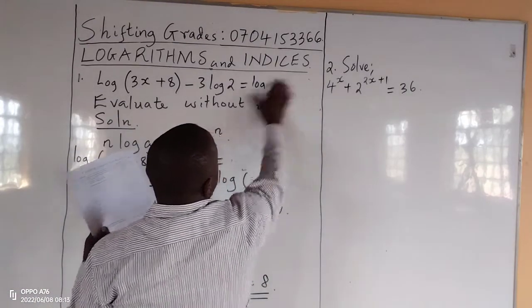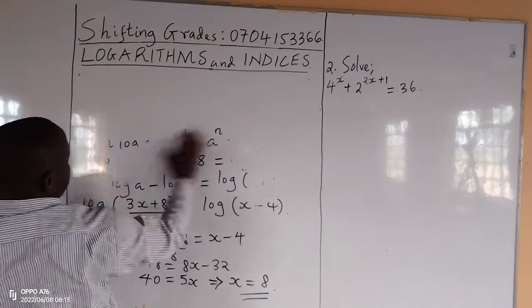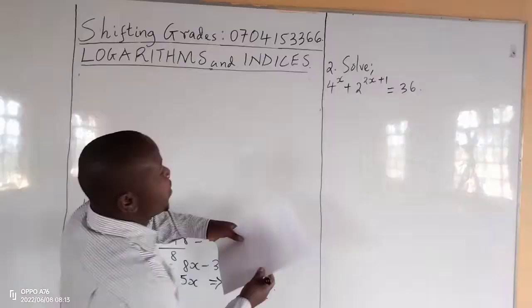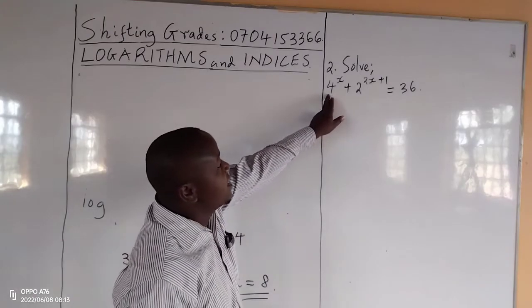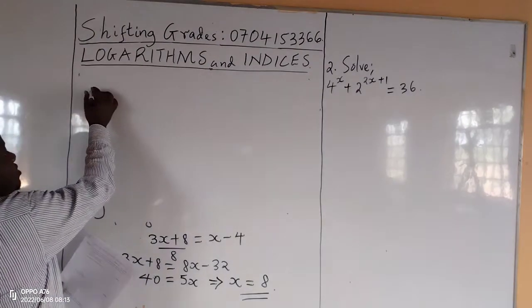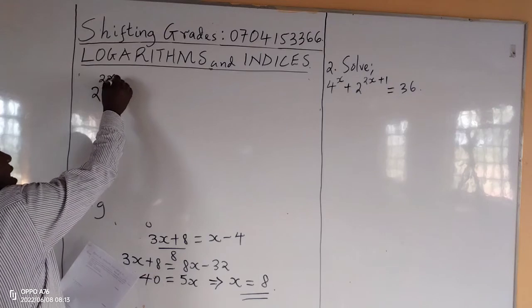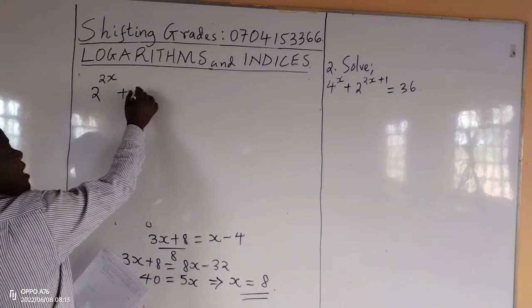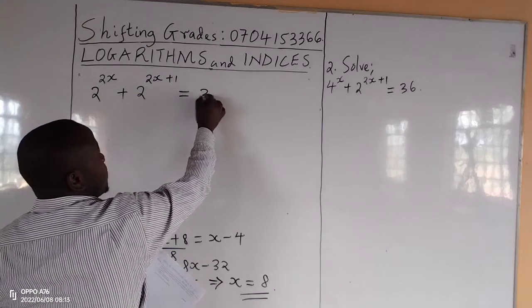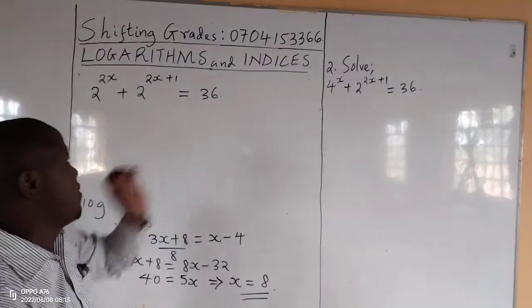Now we are done with logarithms. We can look at a few laws of indices and what they entail. In the solution of that question, we can first break 4 to the smallest base possible, such that it becomes 2 power 2 instead of 4. There is already an x, so we get 2 power 2x plus 2 raised to 2x plus 1 equals 36. 36 cannot be expressed to base 2, so it remains the way it is.